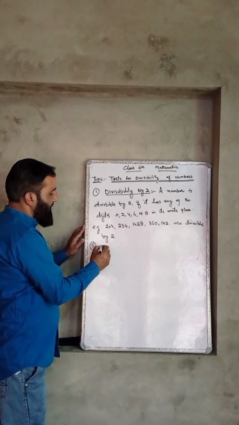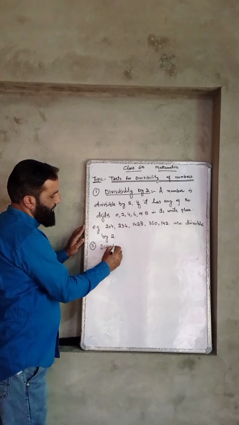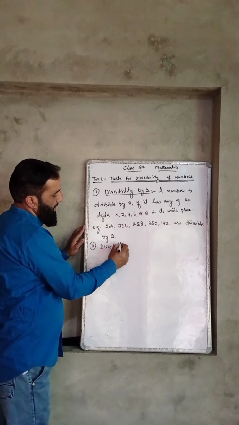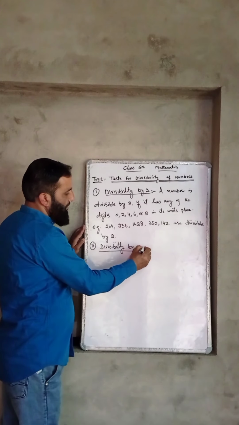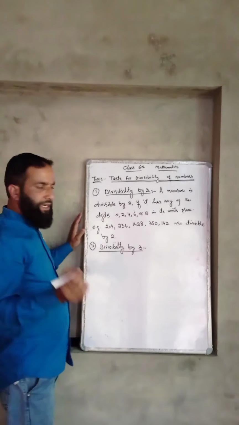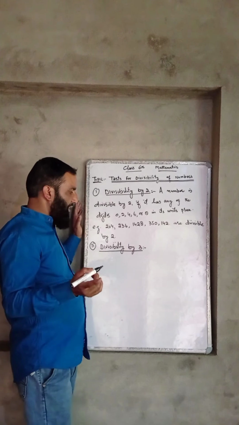Now tests for divisibility, number second is divisibility by 3. Here we are supposed to check whether a given number is divisible by 3 or not.